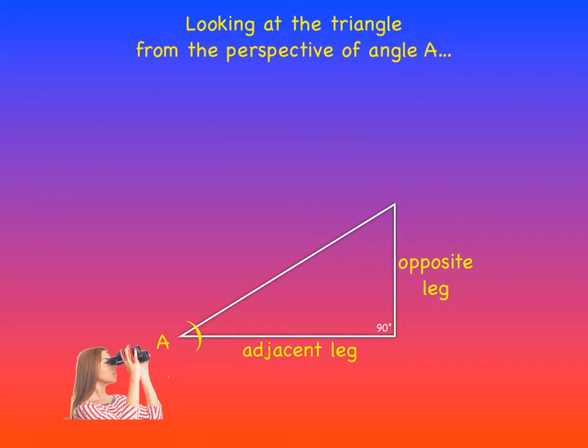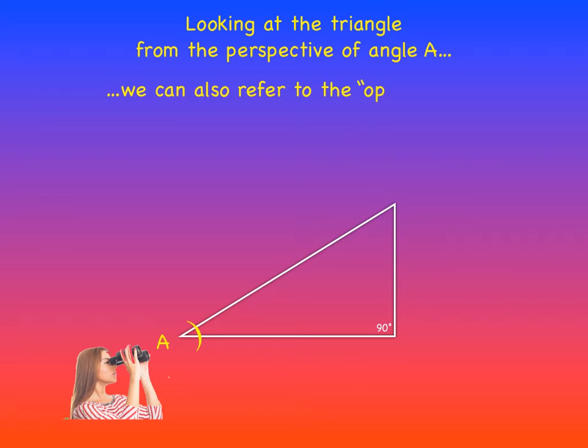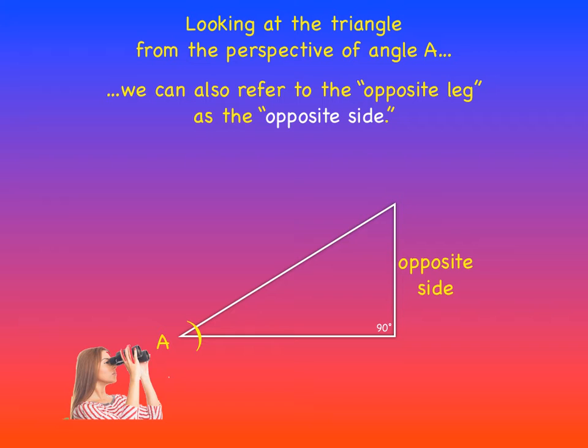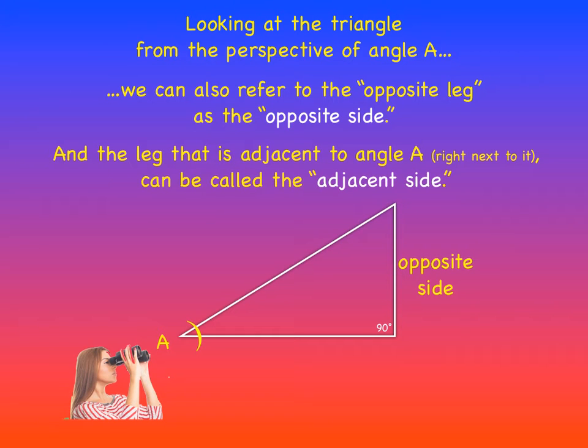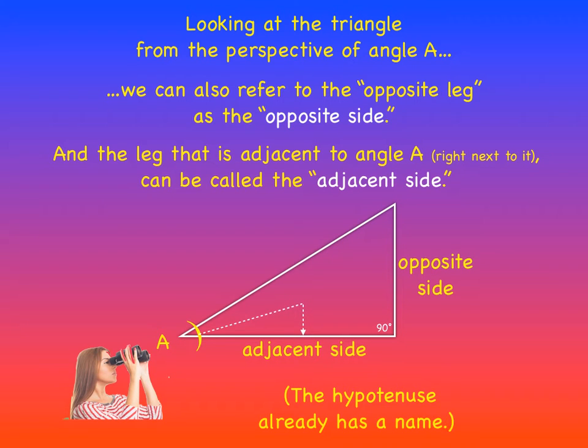Looking at the triangle from the perspective of angle A, we can also refer to the opposite leg as the opposite side. And the leg that is adjacent to angle A can be called the adjacent side. The hypotenuse, of course, already has a name.